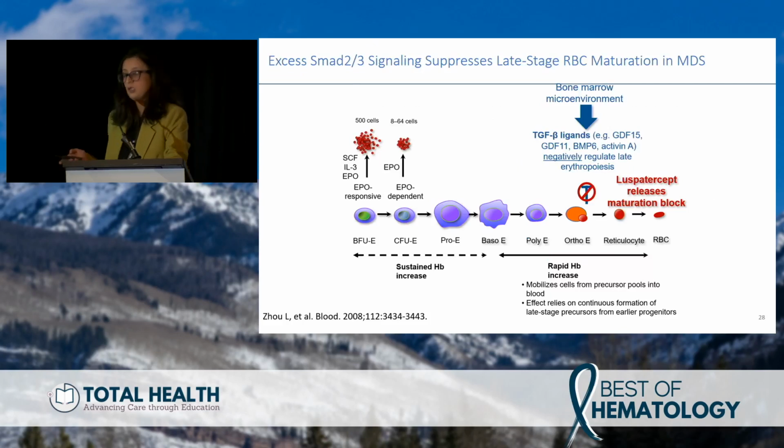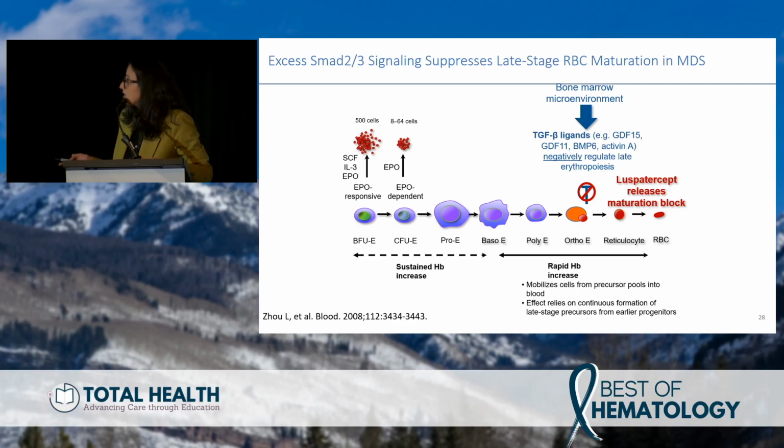Okay, so going into the biology of luspatercept, now how this drug was developed. As we talked about, low-risk MDS is really a state of differentiation arrest. In the case of the erythroid development, what we see is that this terminal erythroid differentiation is arrested. And this is because there is this very high level of inflammation in the bone marrow microenvironment, mediated by the TGF-beta superfamily.